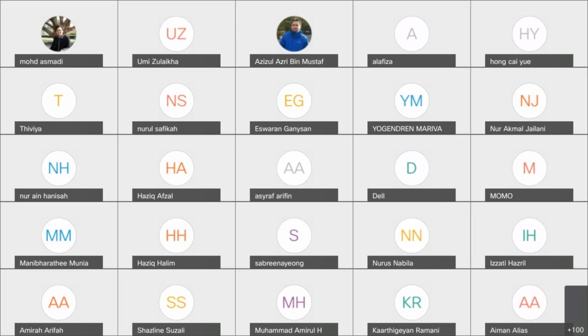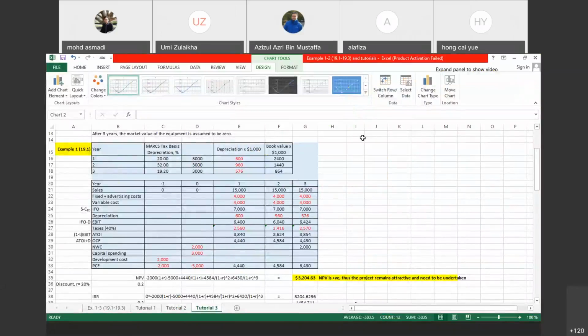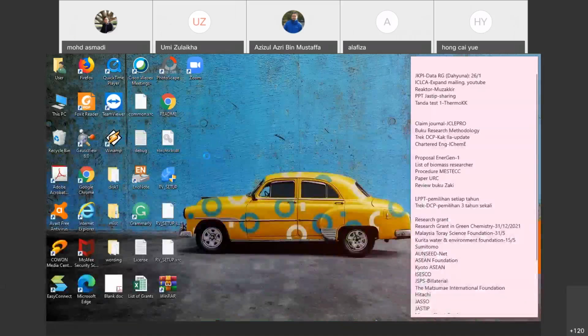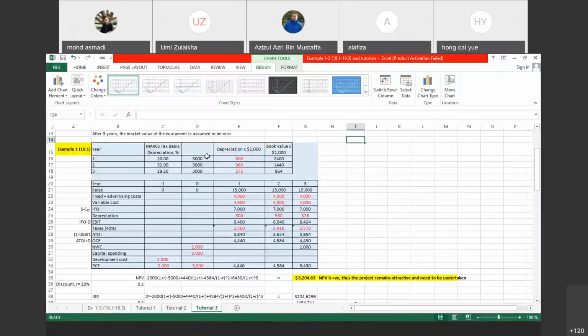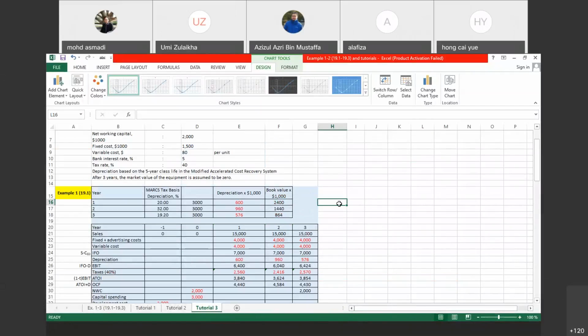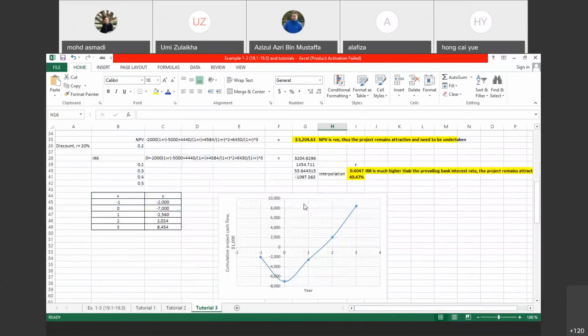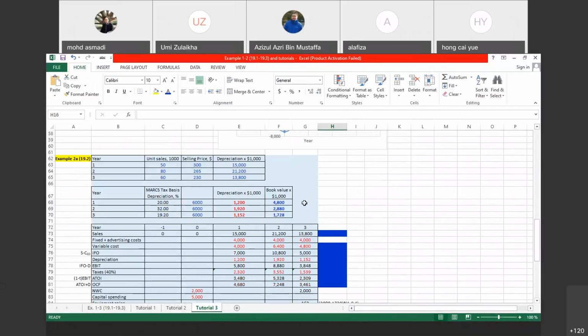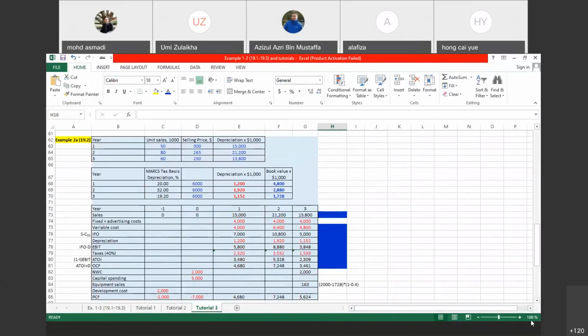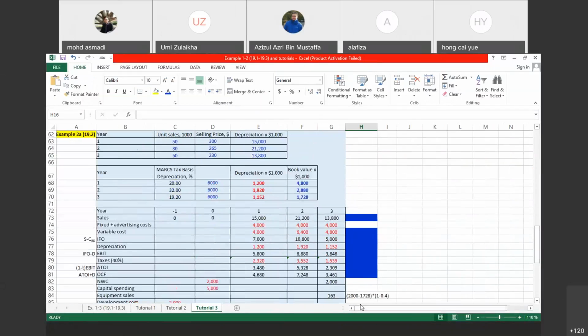So this is tutorial 2. How about the equipment cost? Sorry, this one is for example 1. Can you see this Excel file, right?